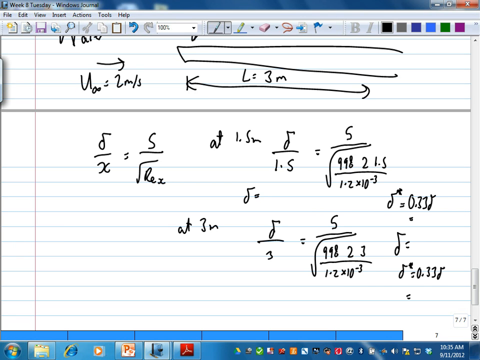Now, you want to calculate the answer? What's the answer? 0.047. So that's about 4.7 mm. That's very small. Second one?